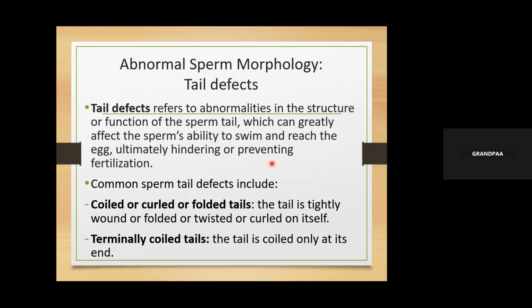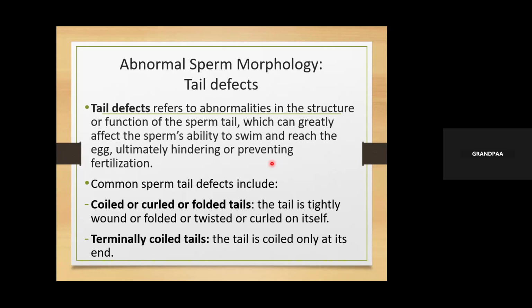And then we are now going to the tail defects. The tail defects refer to abnormalities in the structure or function of the sperm tail, which can greatly affect the sperm's ability to swim and reach the egg, ultimately hindering or preventing fertilization.